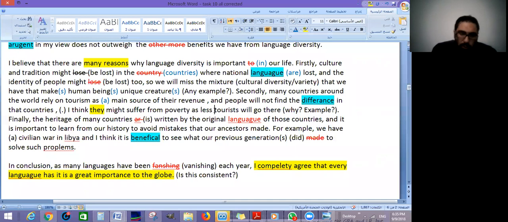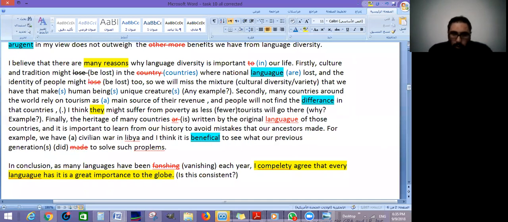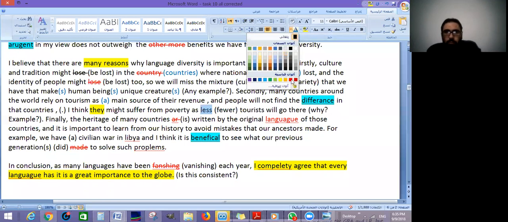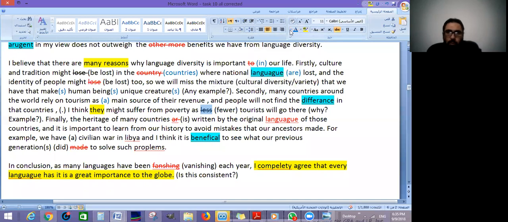We have a countable noun here, yes? As fewer tourists. Okay, so why will fewer tourists go there? Maybe you could give a little bit more of an explanation. Maybe we could have an example.